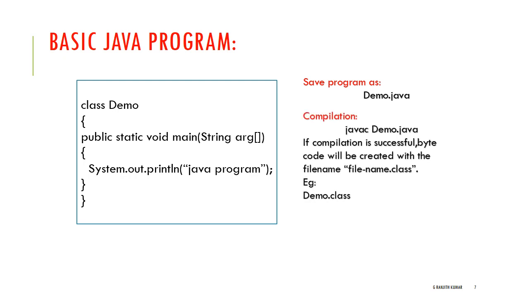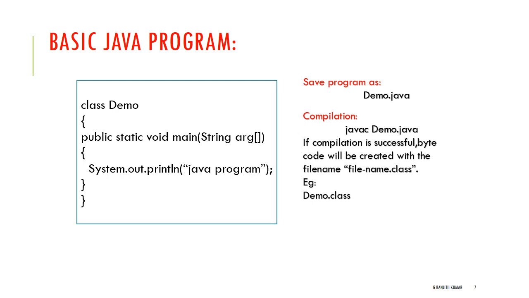After that comes compilation, and this should be done from the command prompt. Open the command prompt: type cmd in your search bar, then the command prompt will open. At the command prompt, type javac for compilation followed by the file name demo.java. If the compilation is successful, you get the command prompt again, and internally bytecode will be generated.